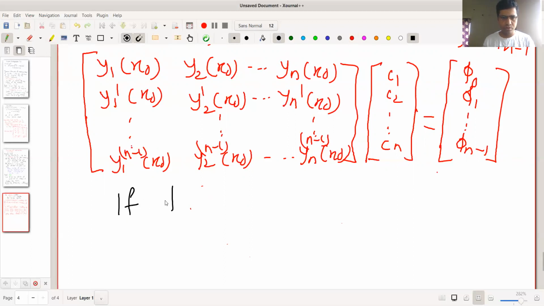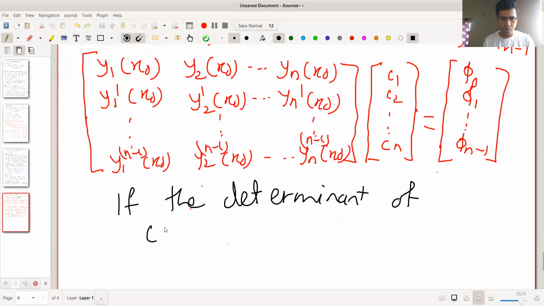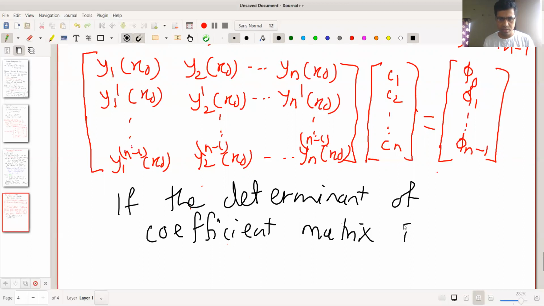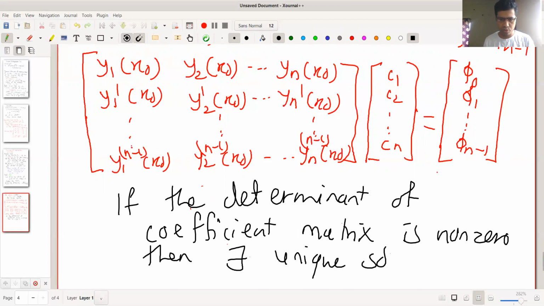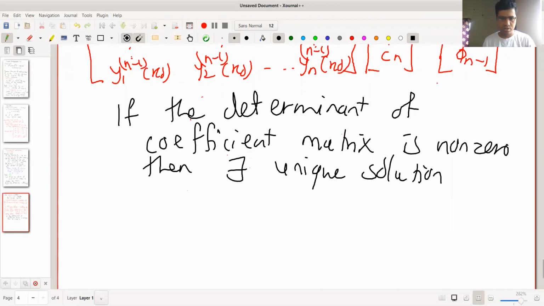If the determinant of the coefficient matrix is non-zero, then there exists a unique solution C1, C2 to Cn to this system.